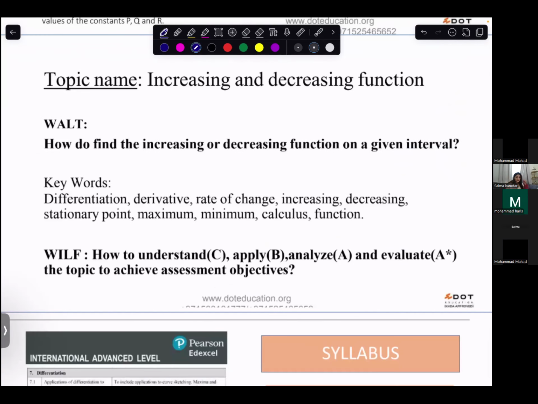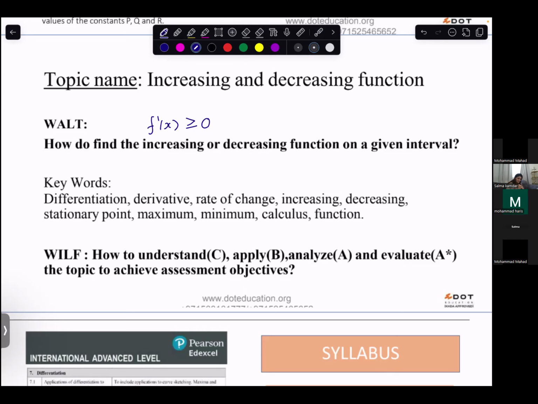So the first thing that we learned today is how to find whether a function is increasing or decreasing. You will be given y, and you will find your f dash x or dy by dx. If your f dash x is greater than or equal to 0, I would say the function is increasing because the gradient is positive.